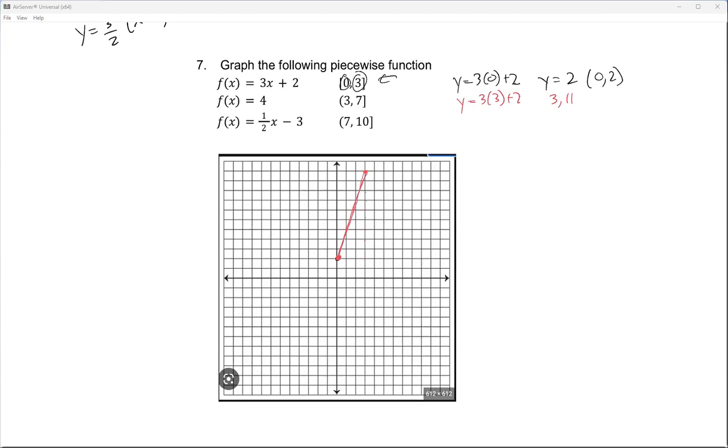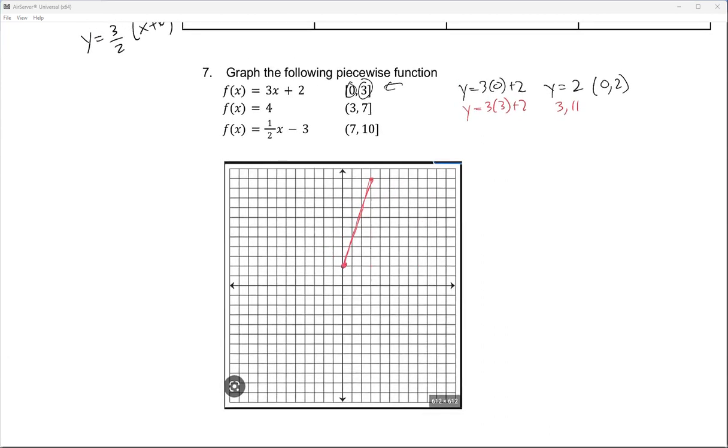And then 4 is pretty easy, because it's a horizontal line from 3 to 7. So from 3, open circle. We're going to 7, 4, 5, 6, 7. You could also graph that whole line right there, and then just erase everything.